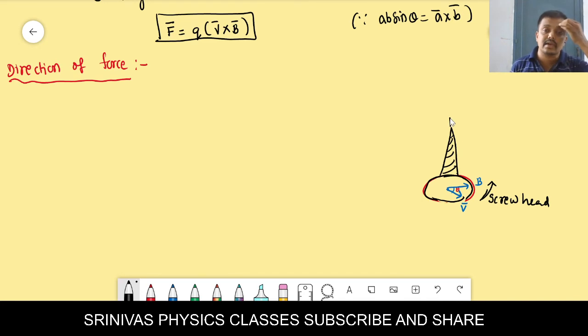The screw moves in a particular direction. The direction of the motion is along the direction of the force. Remember it. That direction is the force direction.